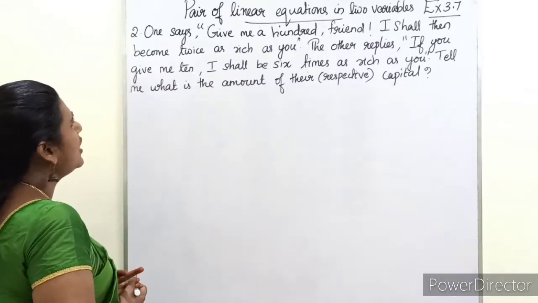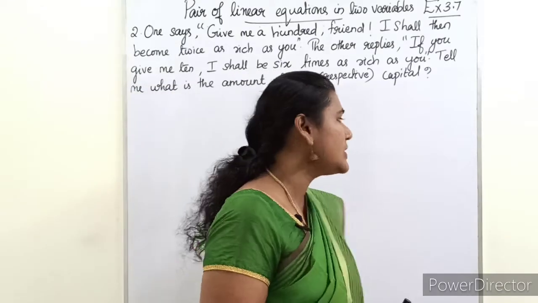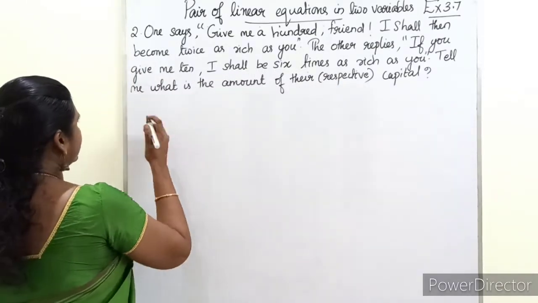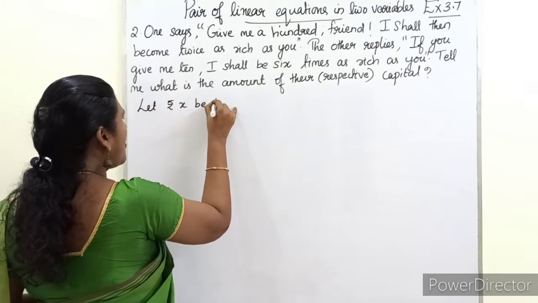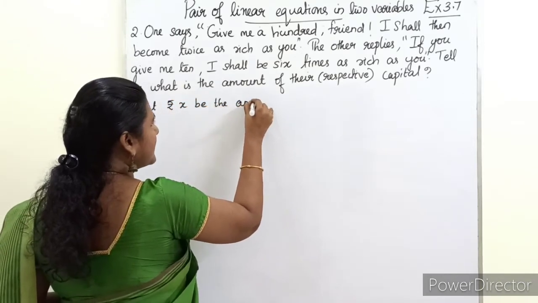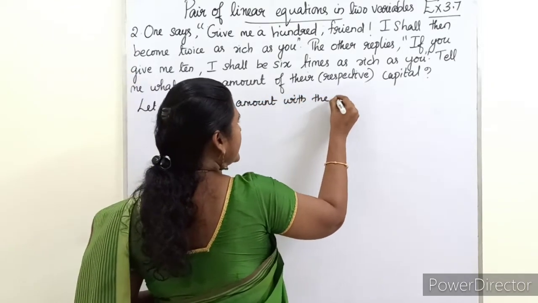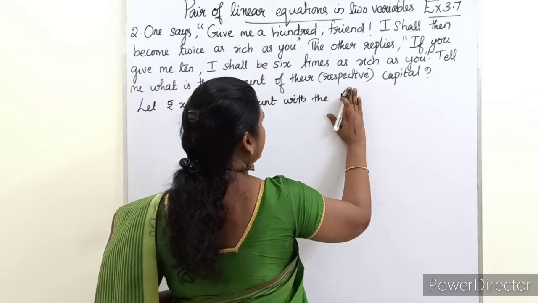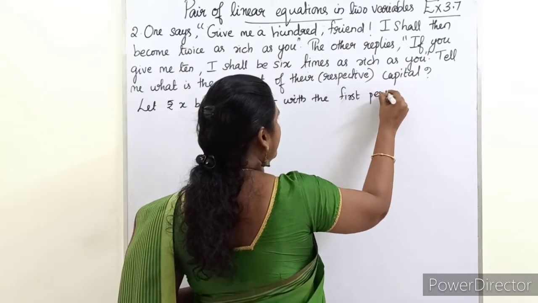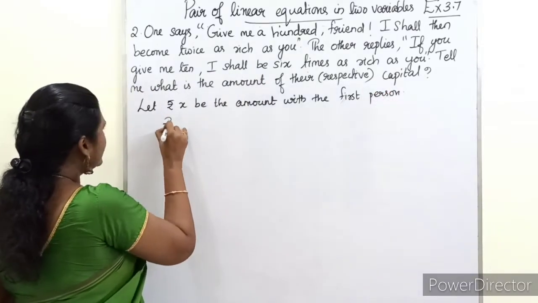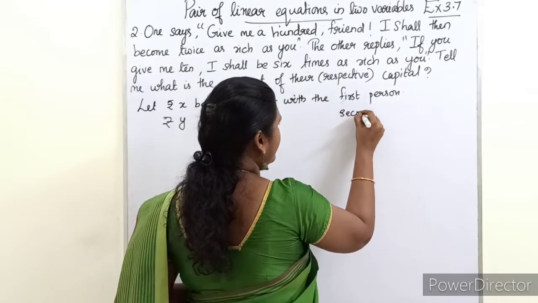So here we have two friends and they have some amount with them. So we will take that amount as x and y. So let x rupees be the amount with the first person, and y rupees be the amount with the second person.